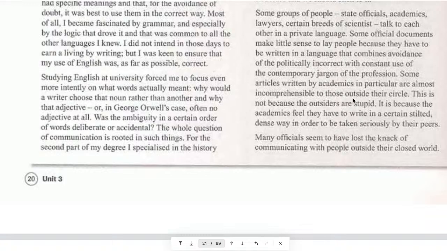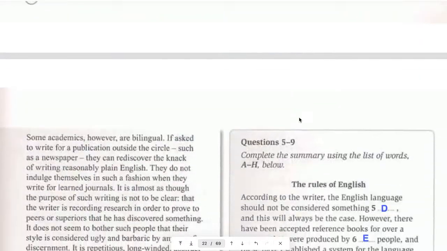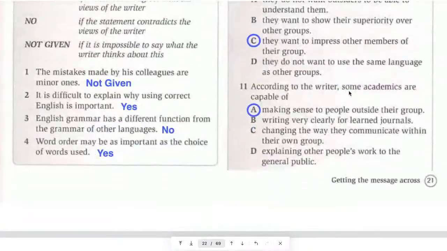Did it answer the question? Because here you are looking for information related to some academics being capable of making sense to people outside their group. What does that mean by some academics are capable of making sense to people outside their group? What does that mean?